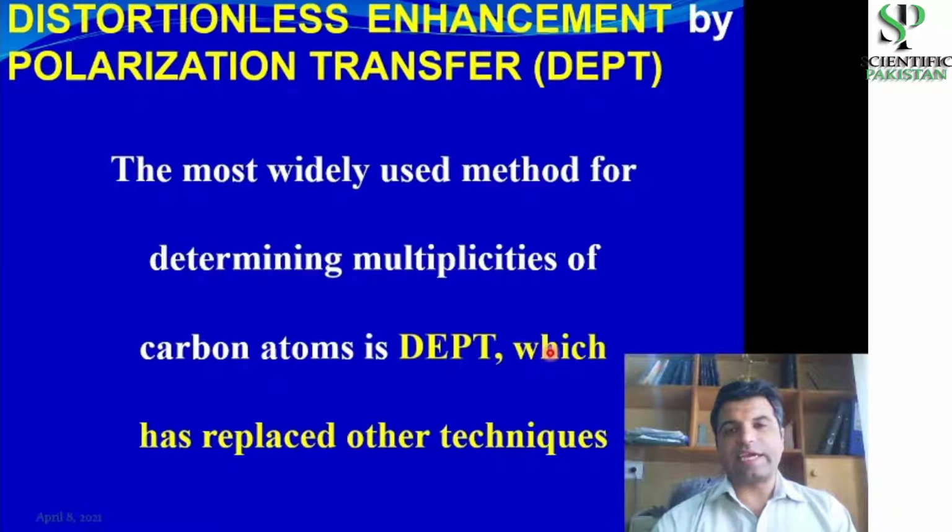One of them is INEPT, insensitive nuclei enhancement by polarization transfer, that can help you differentiate between these different carbon atoms, but that is not normally used nowadays. The technique that has replaced INEPT is distortionless enhancement by polarization transfer, that is the DEPT experiment. And this DEPT experiment helps you determine the multiplicity of the carbon atoms.